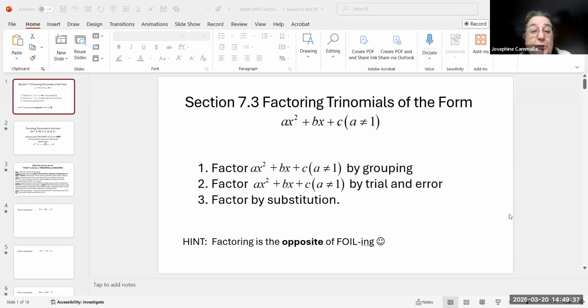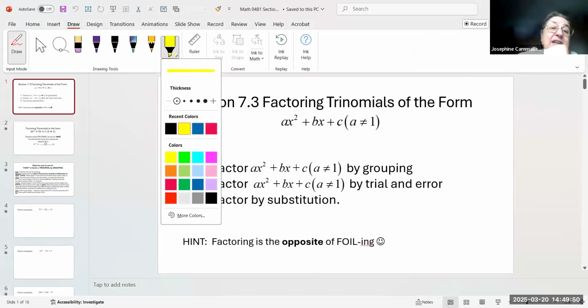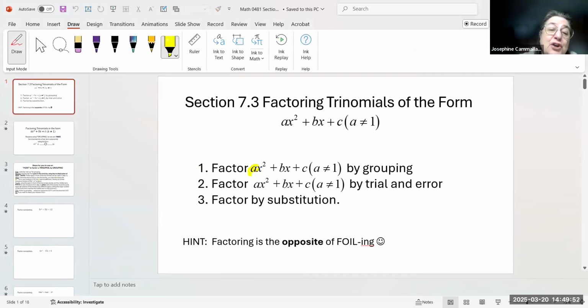This is section 7.3, and we are going to do a little more factoring today. And this is where we're going to find that this A term in front of the x squared is not going to be a GCF. It is coming out.